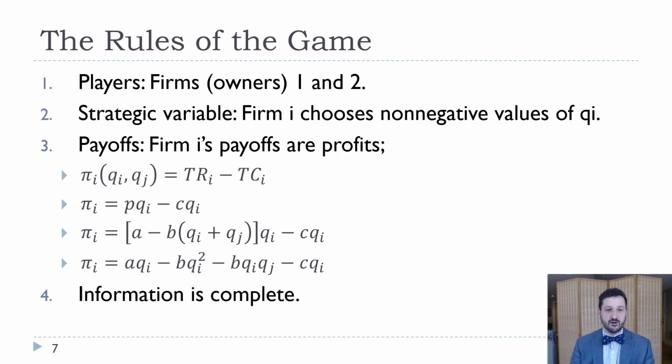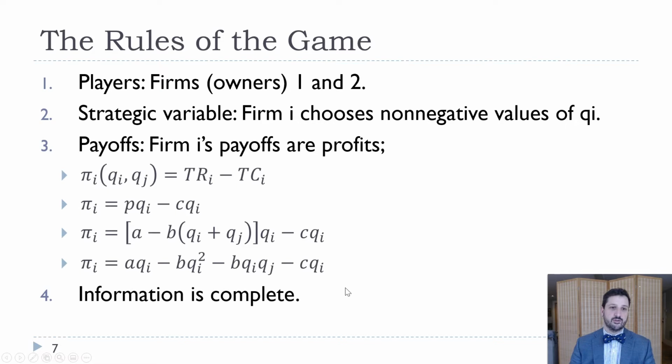So profit for firm i is total revenue minus total cost, or just P Qi minus C Qi. Then, in order to get everything in terms of quantities, we substitute in the inverse demand curve for P. After a little bit of algebra, we get that profit is equal to A Qi minus B Qi squared minus B times Qi times Qj minus C times Qi.